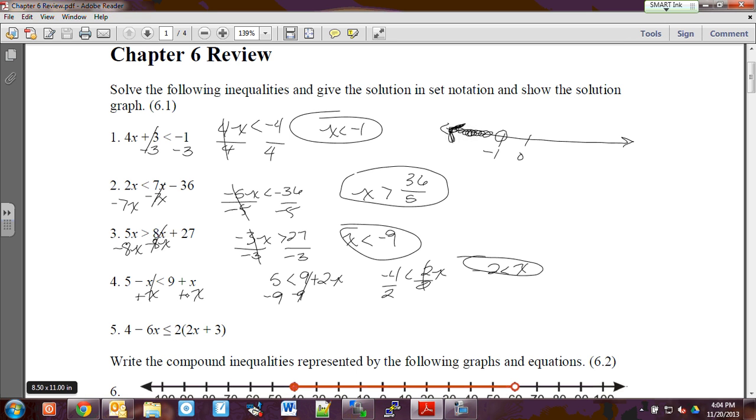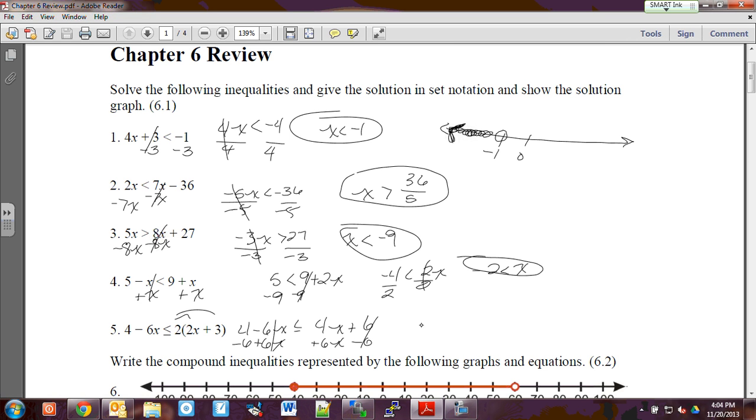Now, for number 5, what you want to do first is distribute the 2 through the parentheses. So we're going to have 4 minus 6x is less than or equal to 4x plus 6. Okay? Now, add 6x, add 6x, minus 6, minus 6.